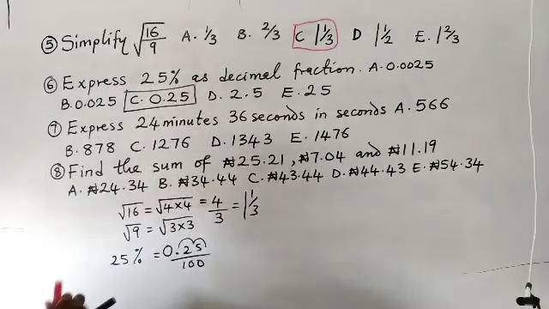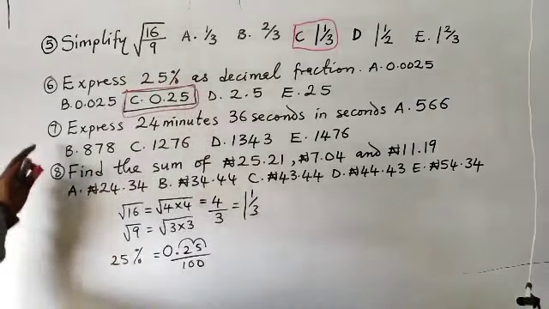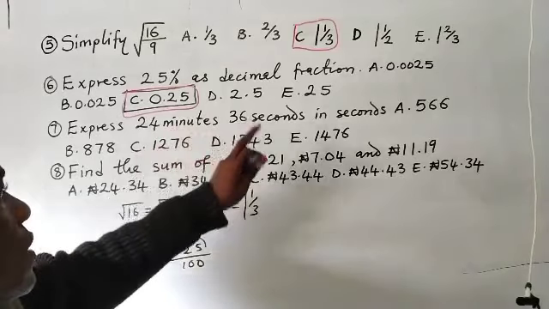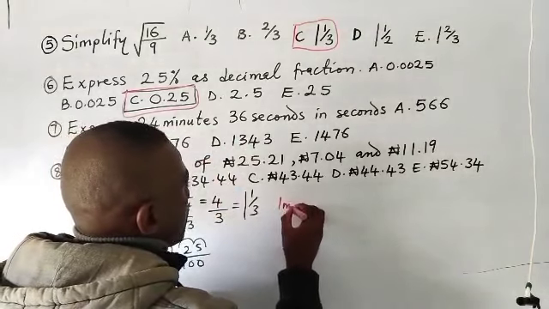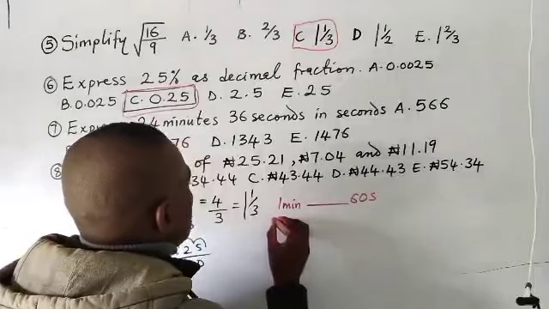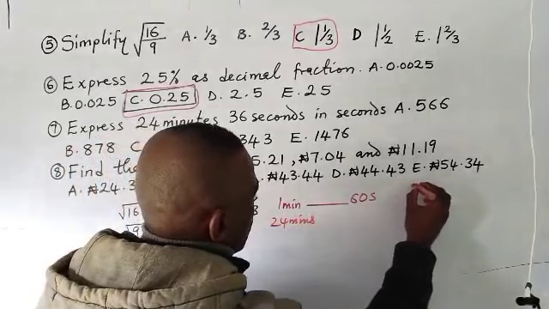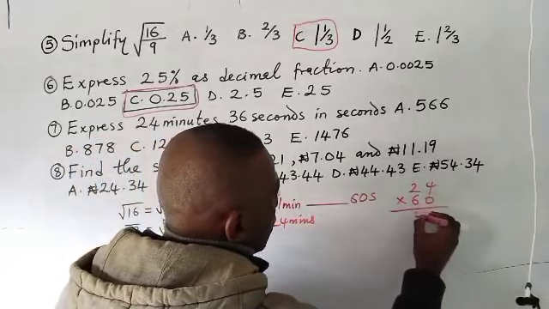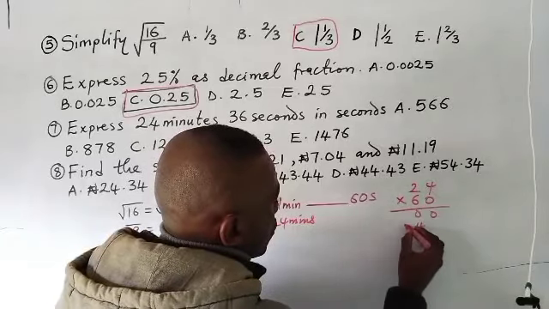We move to question number 7. We are asked to express 24 minutes 36 seconds in seconds. 1 minute is 60 seconds. Then 24 minutes will now be 24 multiplied by 60. It will give us this.